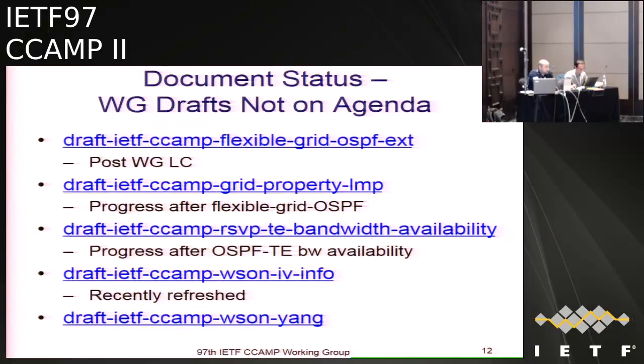It's a stable document approved by the working group. After this one, we will progress on the LMP extensions for FlexiGrid. RSVP-TE bandwidth availability is another pretty stable document, which will be progressed after we are done with OSPF-TE.